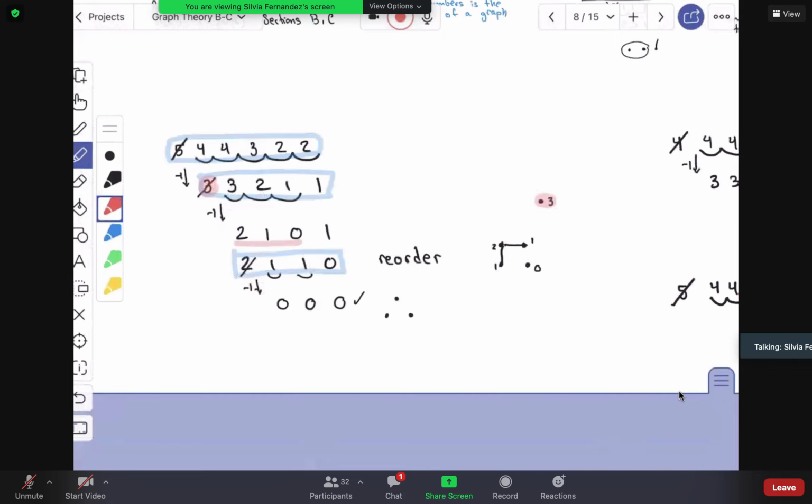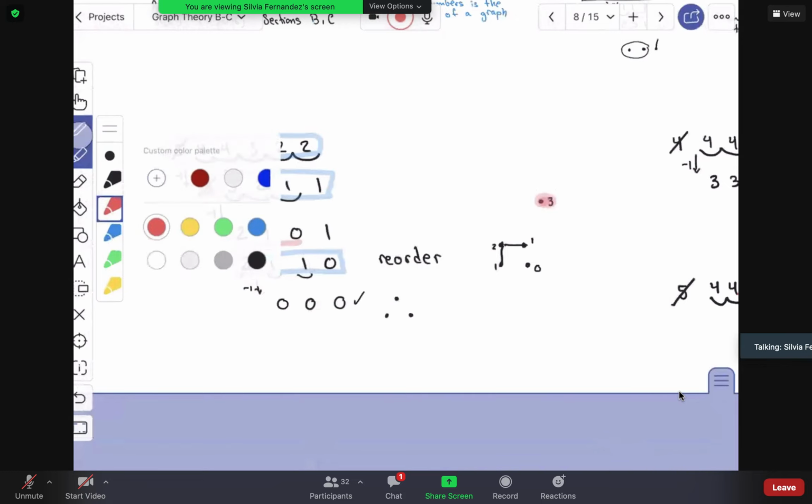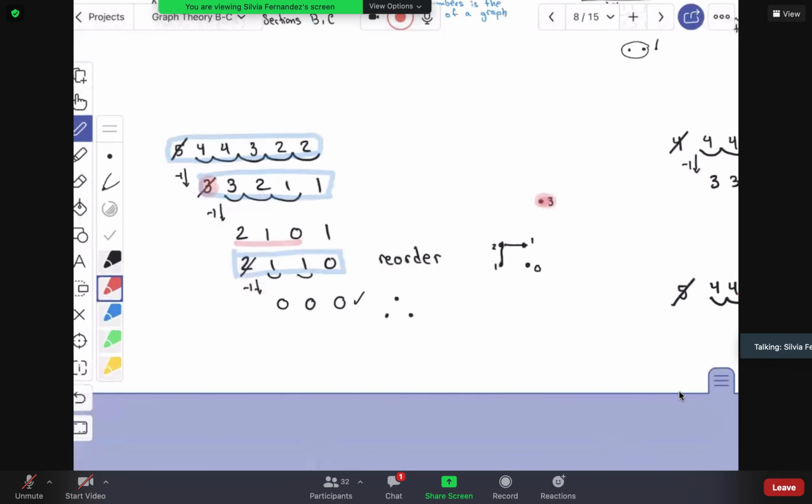And so that means that new vertex is adjacent to vertices in my previous stage with degrees 2, 1, and 0. So I need to join this one to a 2. I need to join it to a 1. And it doesn't matter which, just any vertex that was degree 1 in my previous stage, and to a vertex of degree 0.